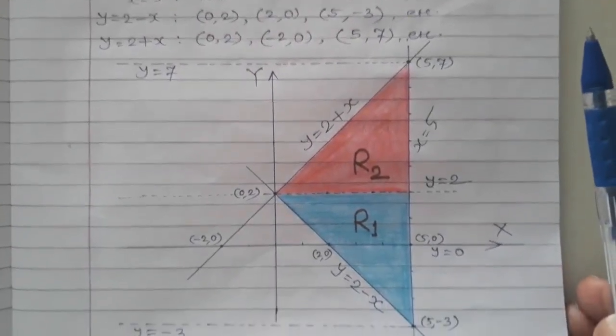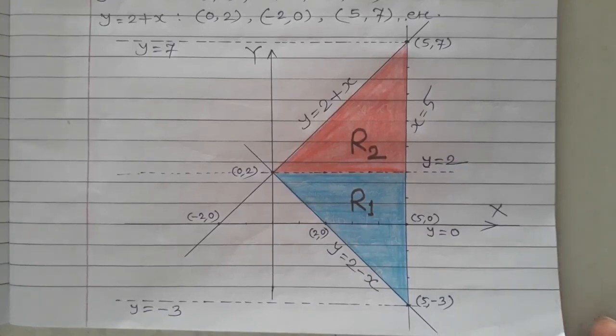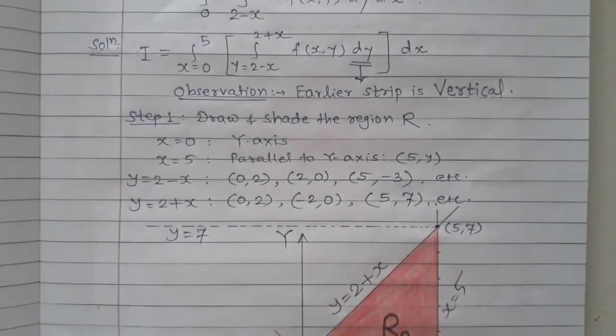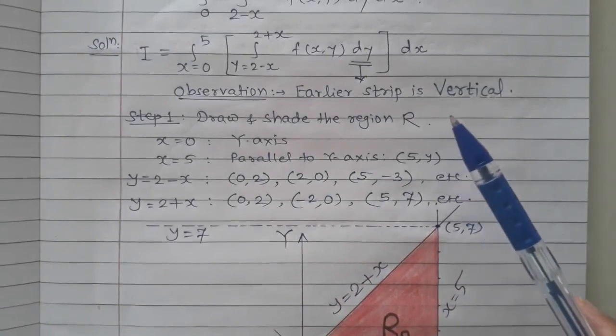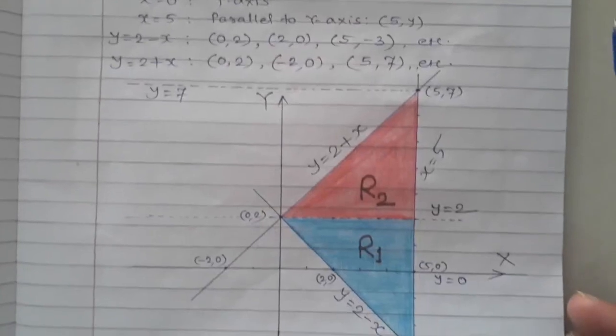So see, the shaded region here is the required region, but again I have colored it in two different colors. The reason is that earlier the integration was with respect to y, that means earlier the direction was vertical, now we have to change that direction to horizontal.